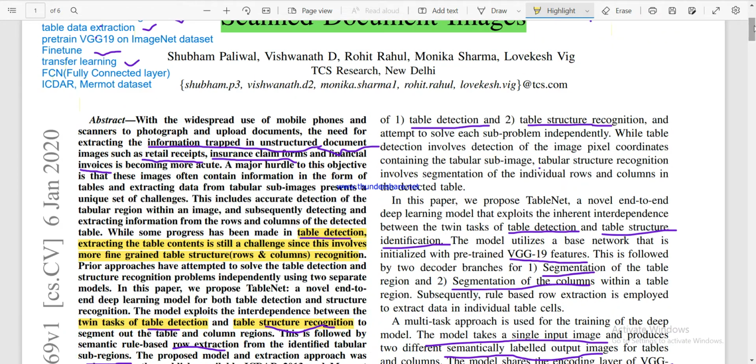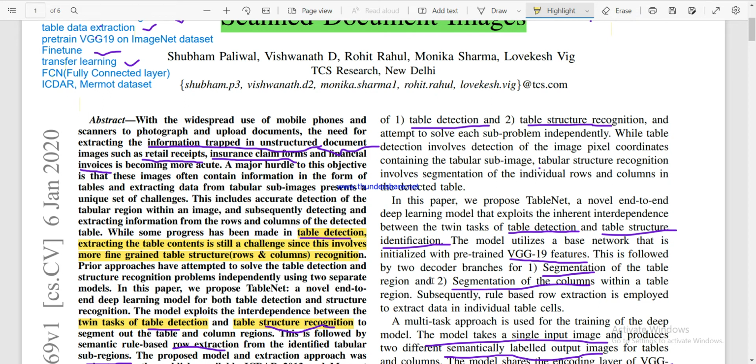They are saying that information is trapped inside document images like receipts, insurance claim forms or financial invoices, so in any type of table, a lot of information is trapped inside that unstructured document, right? That's why we need table detection, extraction, and recognition, all these processes.